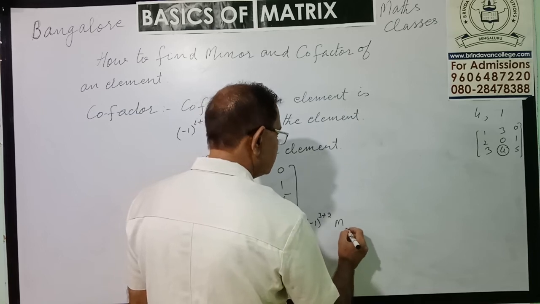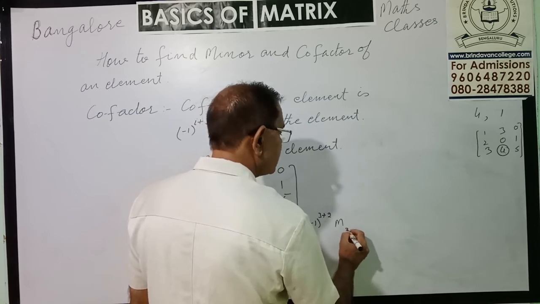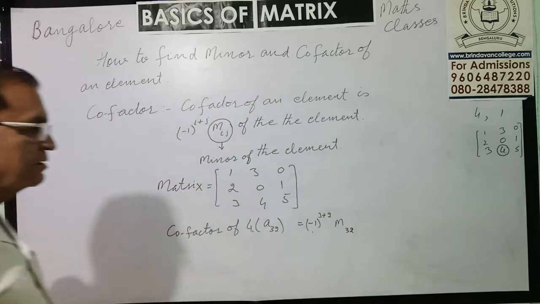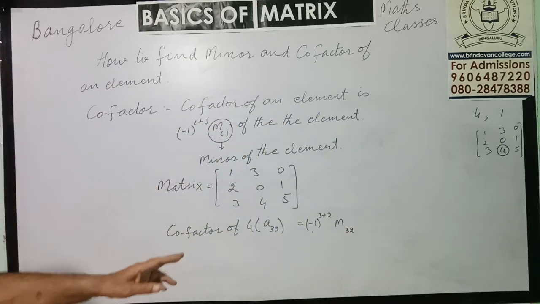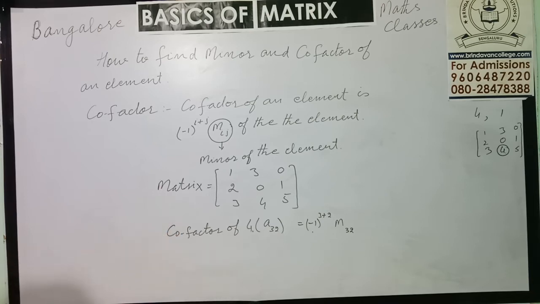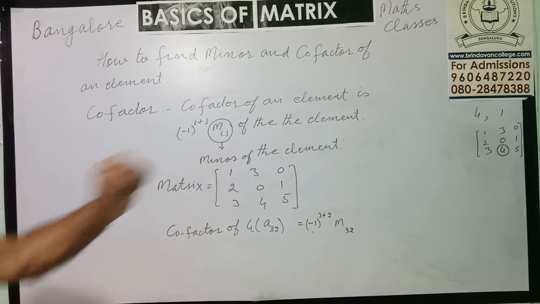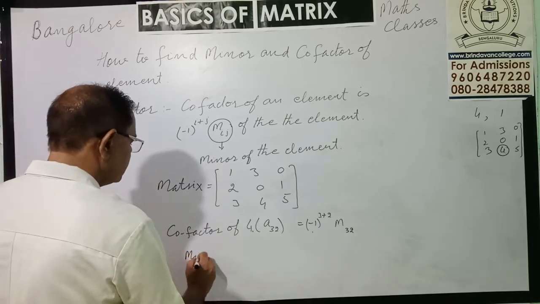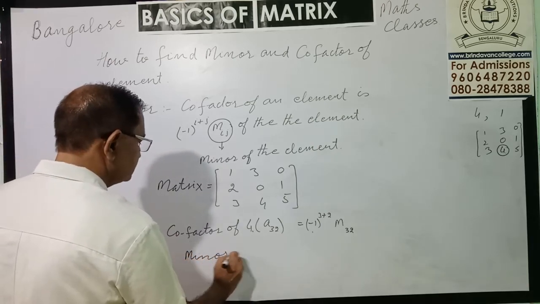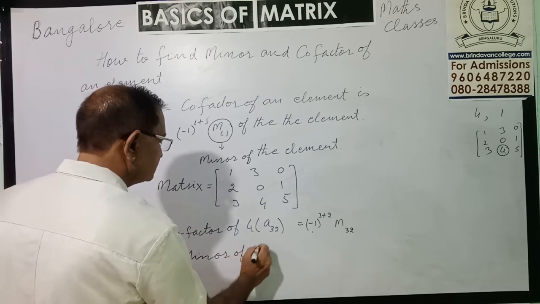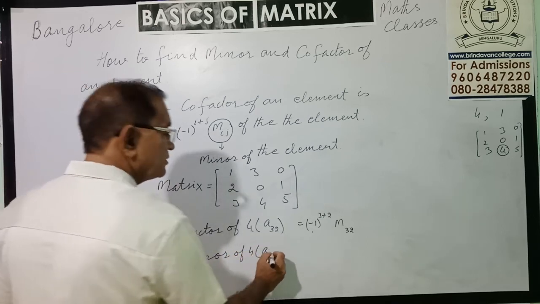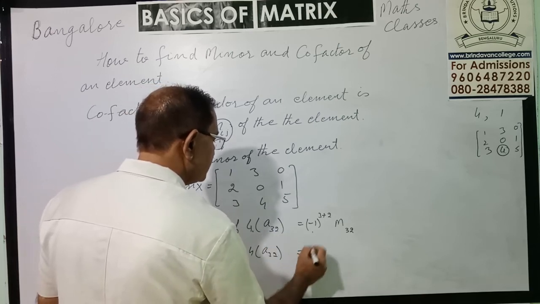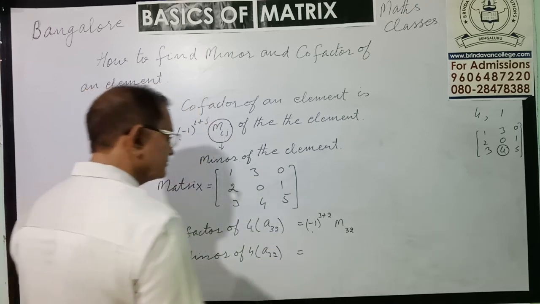Minor of 4 means M third row, second column. Like that we are supposed to go for the cofactor. It means first we have to find the minor of 4, third row, second column, as we have done already for the minor.